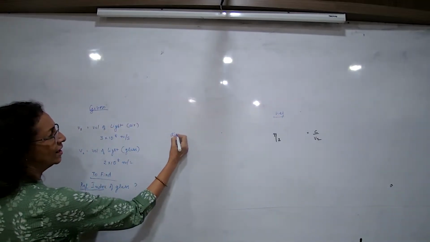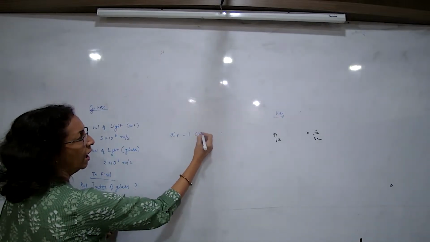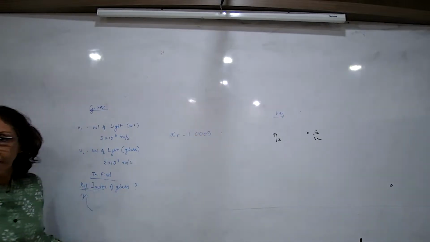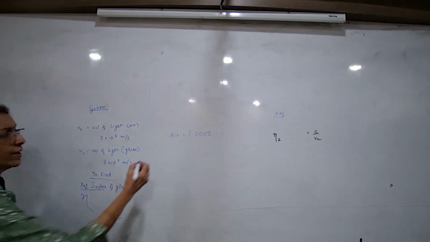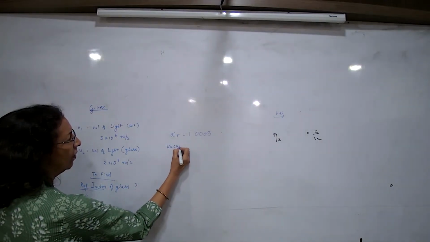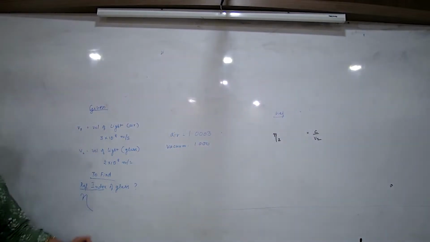Air, how much is it? Not 3. Refractive index is only 1.0003. In vacuum, it is just 1. Very similar. So for all practical purposes, it's the same value.